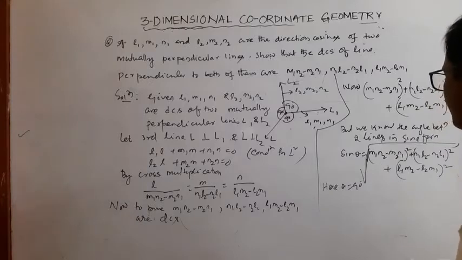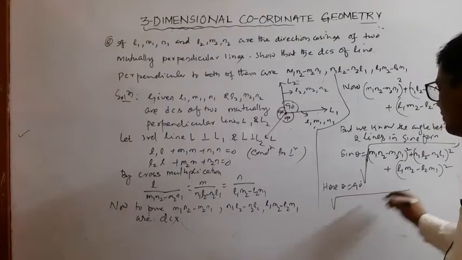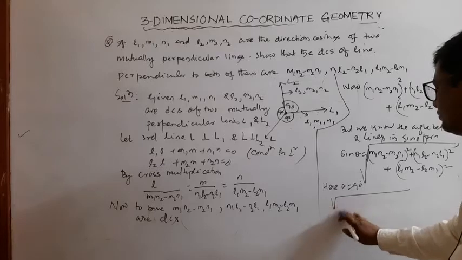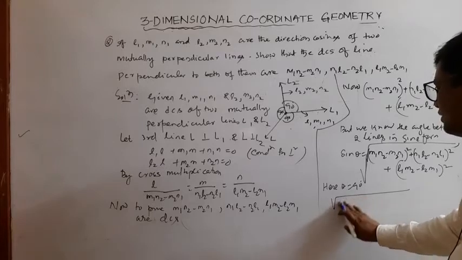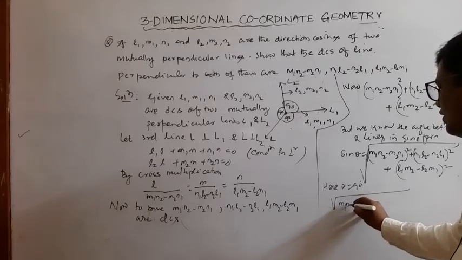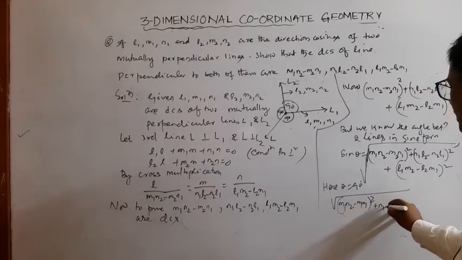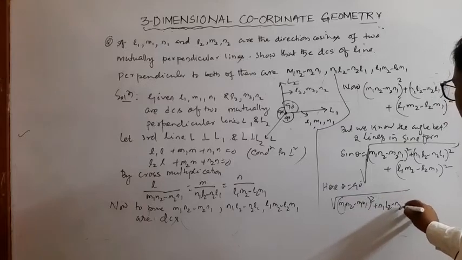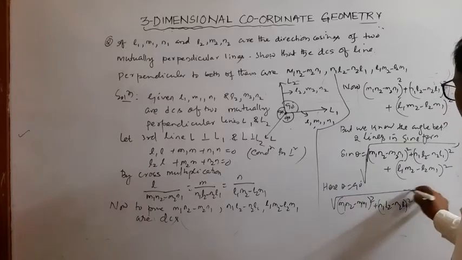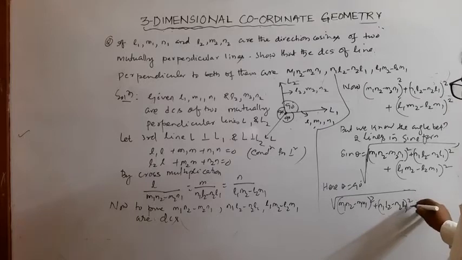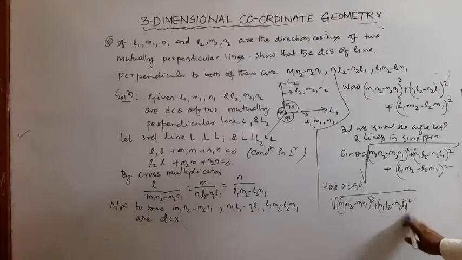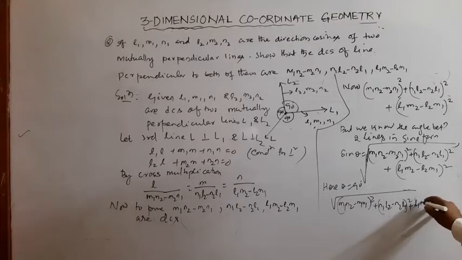So this is the square root of M1 N2 minus M2 N1 whole square plus N1 L2 minus N2 L1 whole square plus L1 M2 minus L2 M1 whole square, which is equal to sin 90, that is 1.